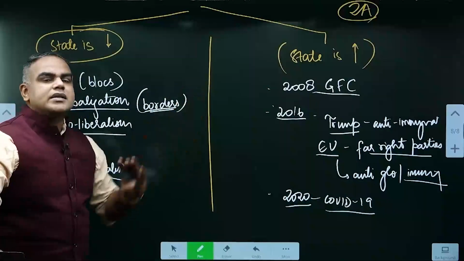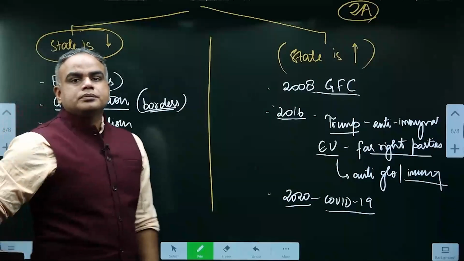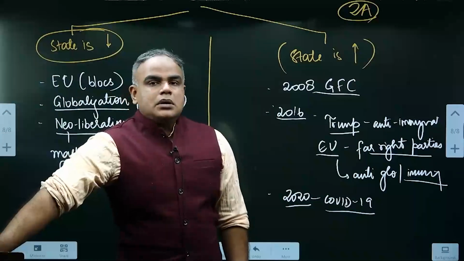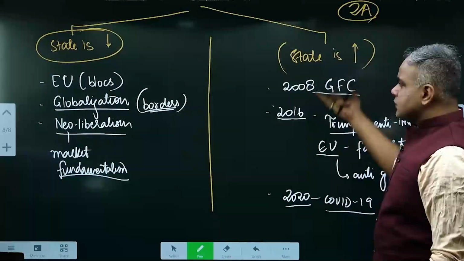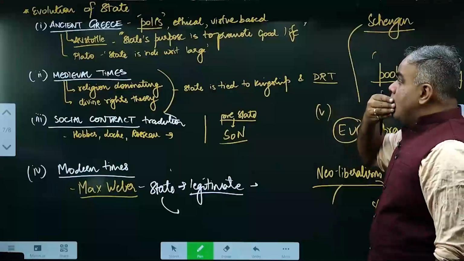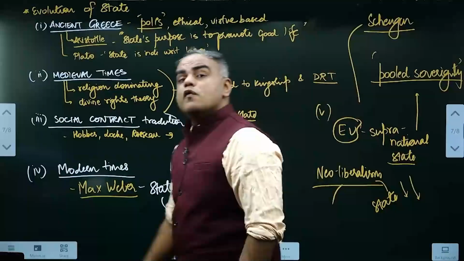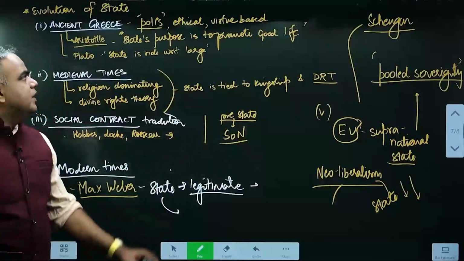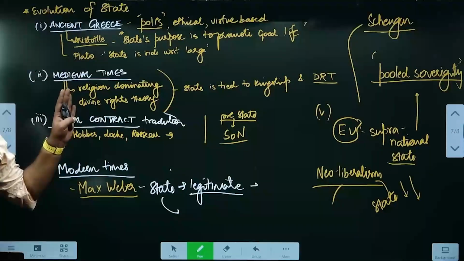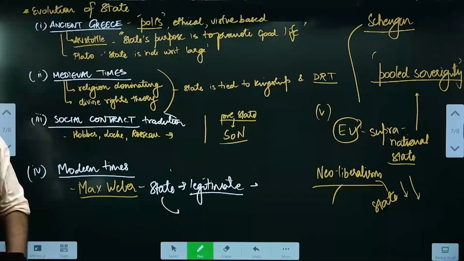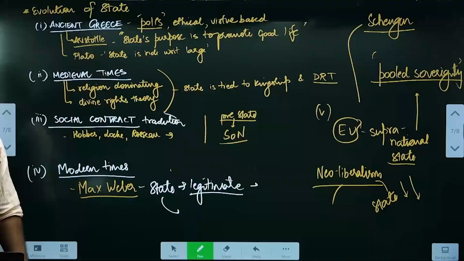This is where you will connect. Yes, sir, this is what we are seeing even right now. Right? So what we are seeing is how state is declining, and how state is increasing. And this for you is the overall understanding of state. Fine? How the concept of state has evolved over a period of time is in front of you. So that becomes a very important concept in this particular case, right?